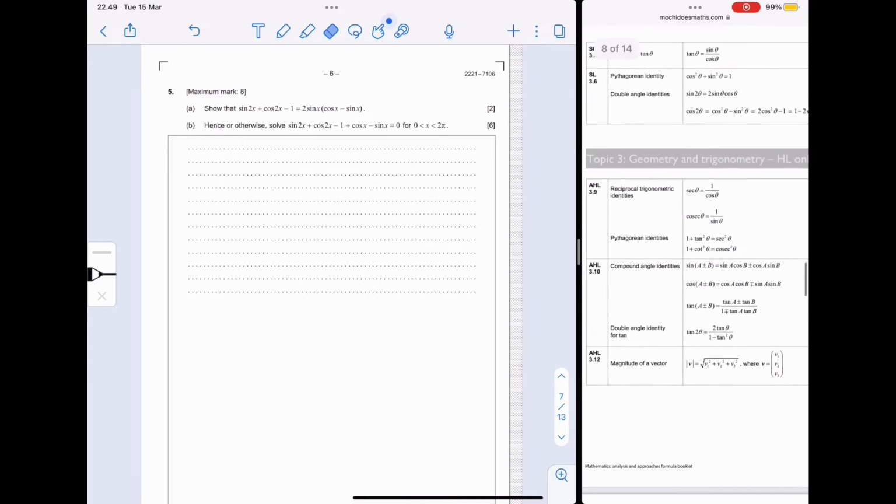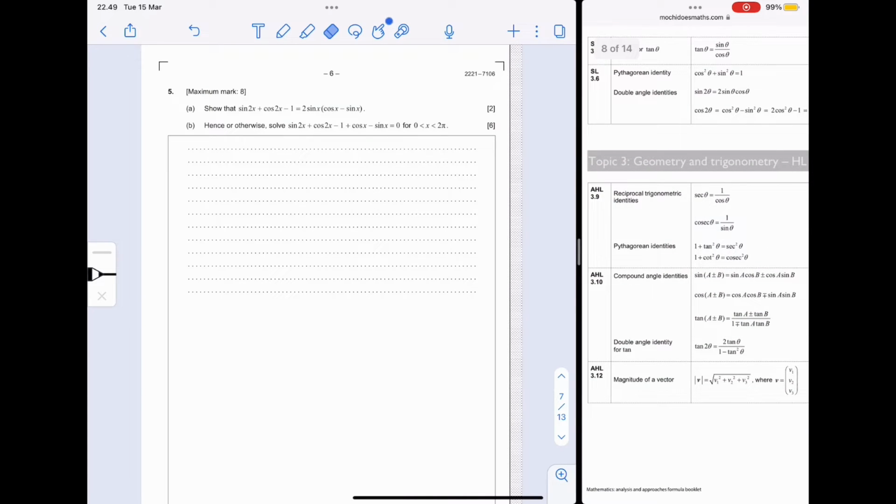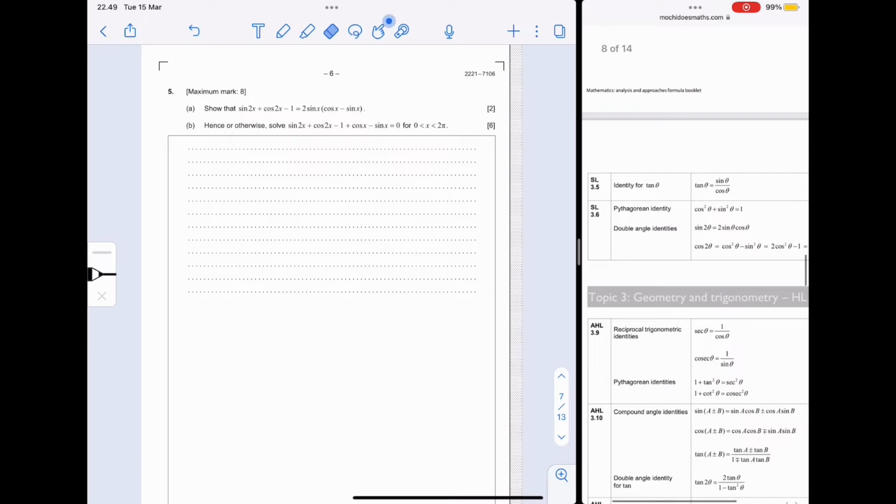There you go. The SL part. Since yours is 2x and you have to change it to x, you need to use the identity from double angle. Sine 2 theta equals 2 sine theta cos theta. We'll need that, so we're going to replace it.